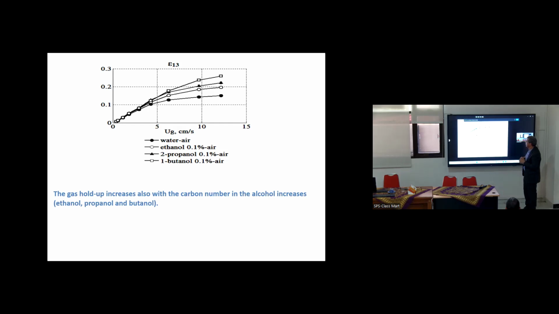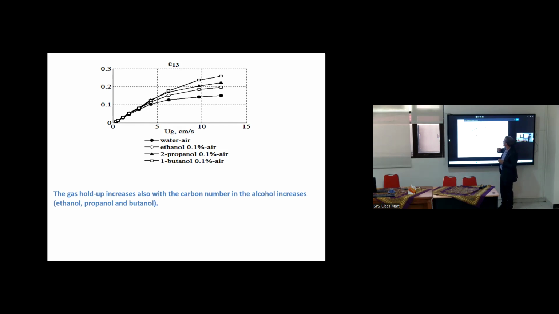These are comparisons between water, ethanol, and propanol. With a small amount of, for example, ethanol or propanol, I can increase or decrease the presence of gas. For water, here, there is coalescence, because the gas rises rapidly.